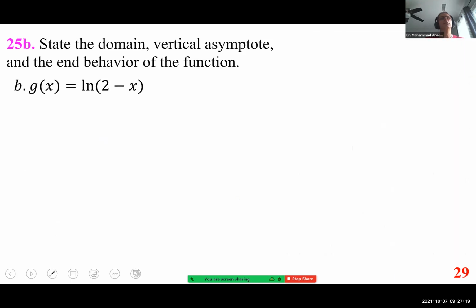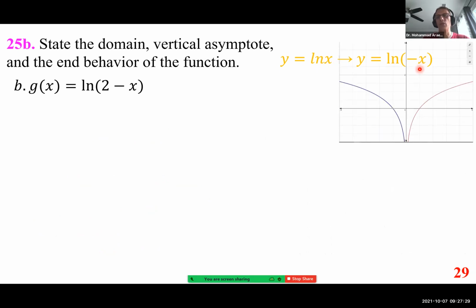ln of 2 minus x, we want to do the same thing, and therefore we are going to start with ln x and go to ln of minus x, which simply put, will flip over with respect to the y-axis. Remember, you're changing x, if assuming x is positive, now negative is on this side, so you flip that over.